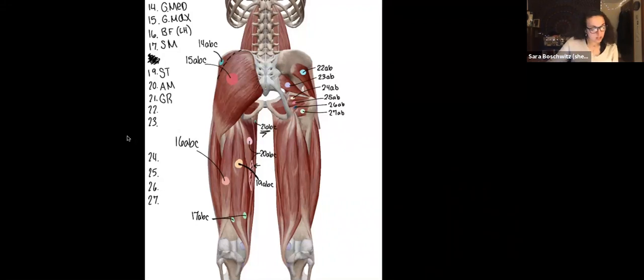The gracilis is also going to adduct the hip and is innervated by the obturator nerve. It's also going to assist with knee flexion as well.